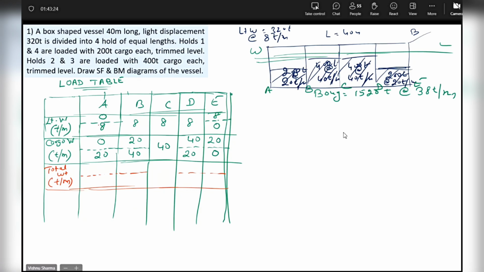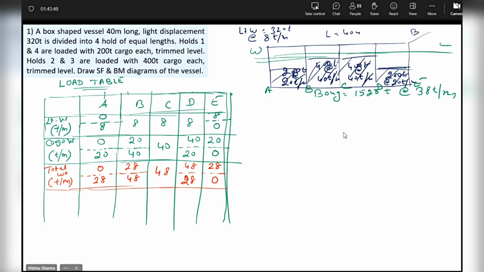So it is 0 plus 0, 0, 20 plus 8, 28, then 28, 48. This 8 will be added to both. Then 48, 48, 28, 28, and 0.